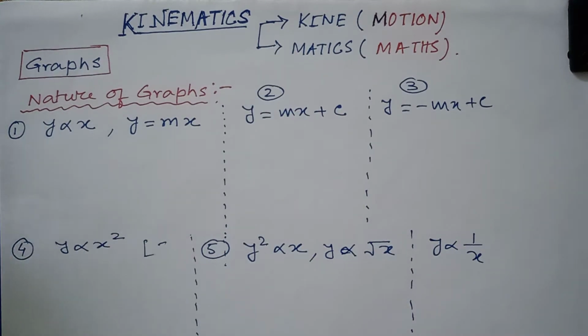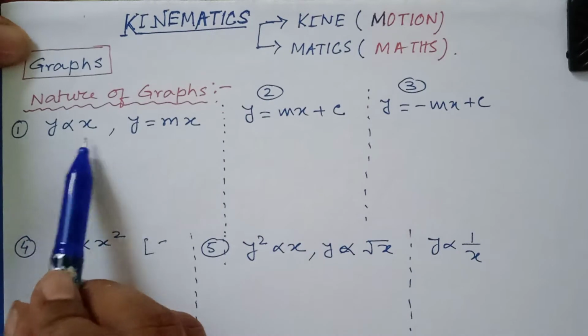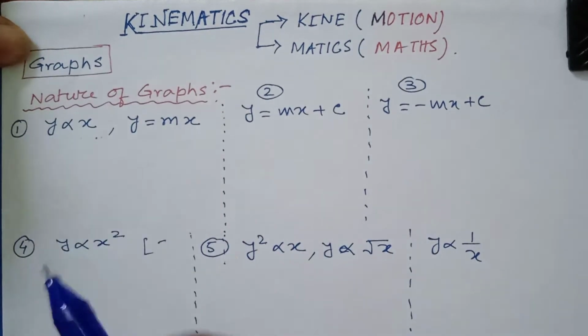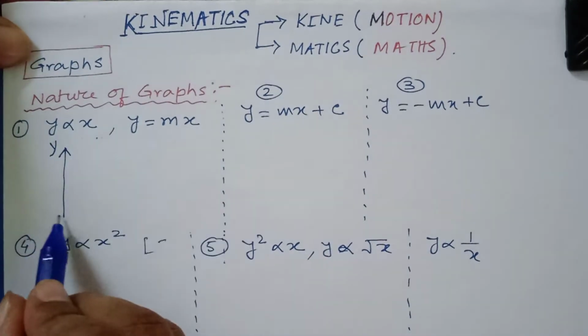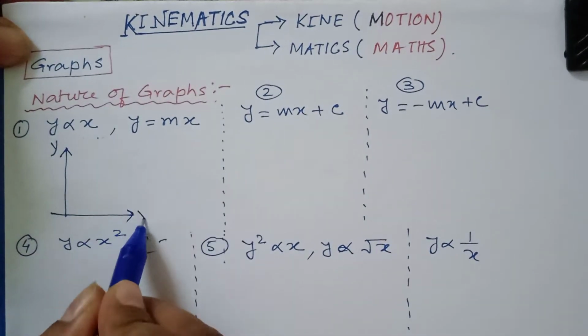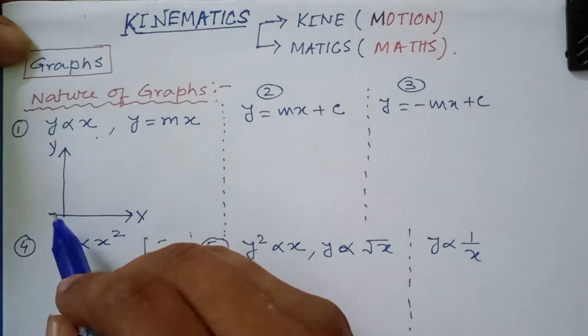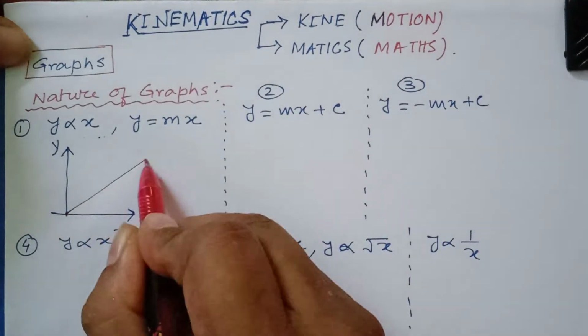So how to draw the graphs: several types of equations are given, and how to draw graphs. Okay, our first graph, y proportional to x. If there is a direct proportion, y proportional to x, then you can draw this is your y axis and this is x axis, right? So y proportional to x means it's a direct proportion graph, means you can draw a straight line passing through the origin.